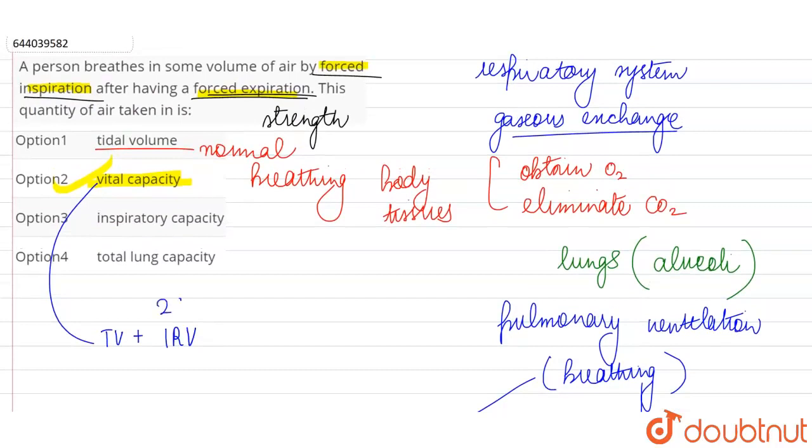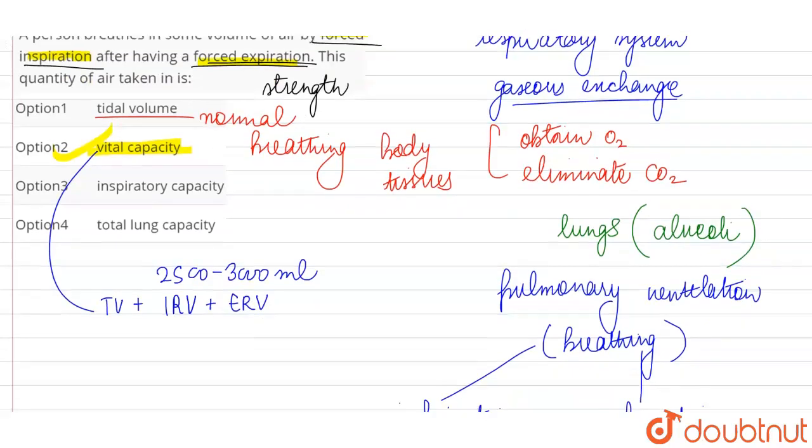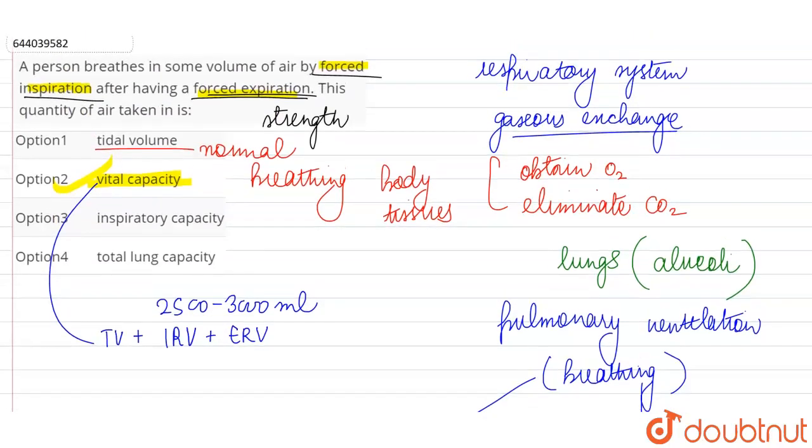So this is going to be around 2500 to 3000 ml. And the ERV is also included here, the expiratory reserve volume, which is the additional volume of air that we can expel from our lungs if we forcefully expire. And again, this is around 1100 to 1200 ml. So when we add all of these up, we will be able to get the vital capacity, that is the maximum volume of air that we can inspire after a forced expiration.